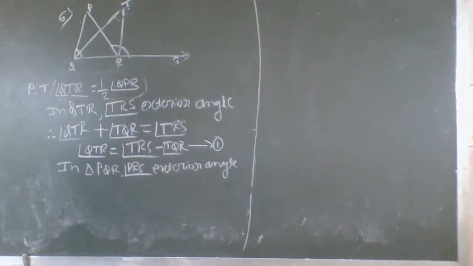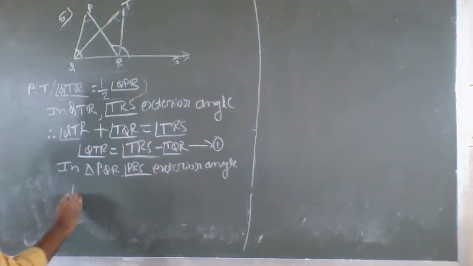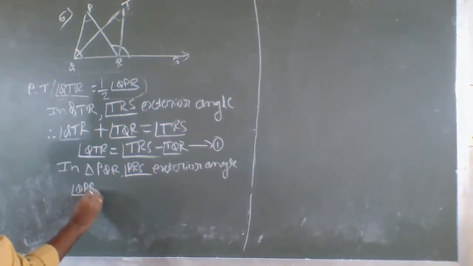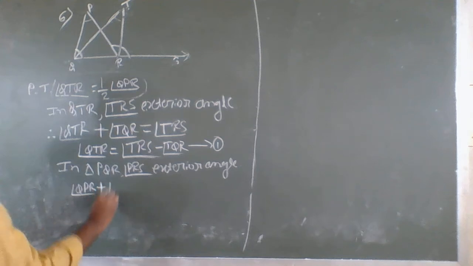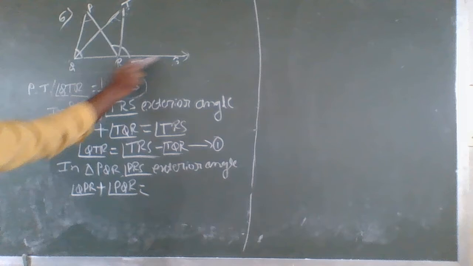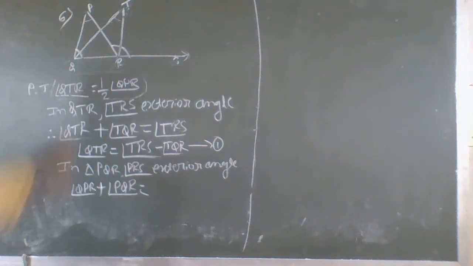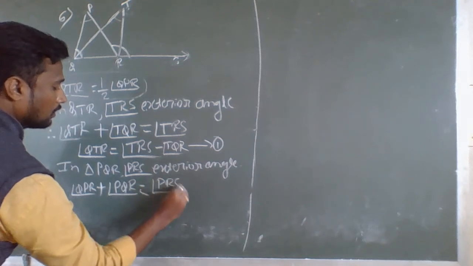Okay. So now, again by using the exterior angle property, what can we write here? Angle QPR, this angle, plus angle PQR, this angle, is equal to the exterior angle PRS.